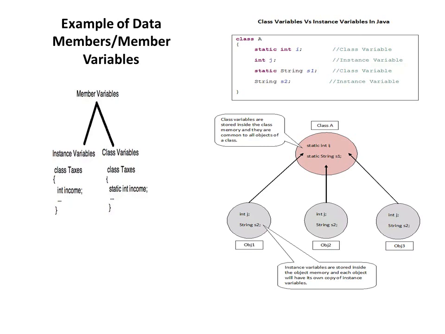Next example, int j. j is also defined inside the class A but is not prefixed with the keyword static, so j is the instance variable. Similarly, s1 is prefixed with static, so it is a class variable, and String s2 is not prefixed with the keyword static, so it is an instance variable.